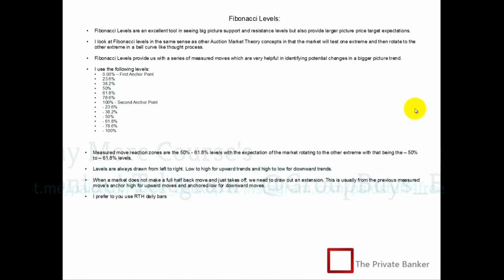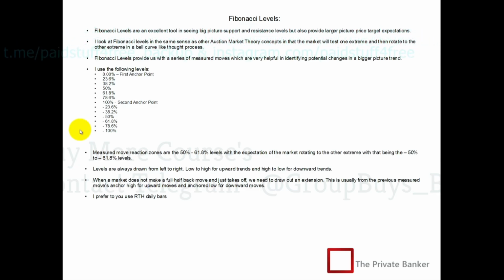I then look at the 61.8 level, the 78.6, the 100%, so that's my second anchor point, and then obviously the other extremes: the negative 23.6, the negative 38.2, the negative 50, the negative 61.8, the negative 78.6, and the negative 100. So in that way, we're looking at the standard deviations, if that makes sense.